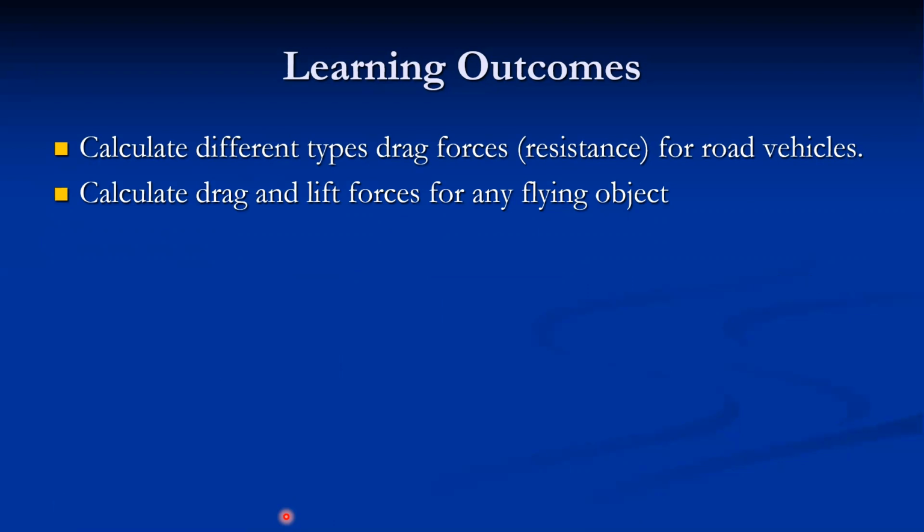That's why, if the object is symmetric along the perpendicular directions, it experiences only a drag force, not a lift force. So lift force is only generated for asymmetric objects. And wherever there is a lift force, a drag force has to be there. But a drag force can be generated without a lift force.